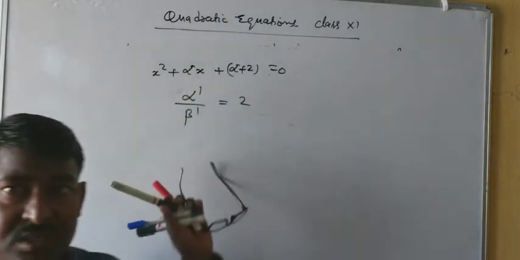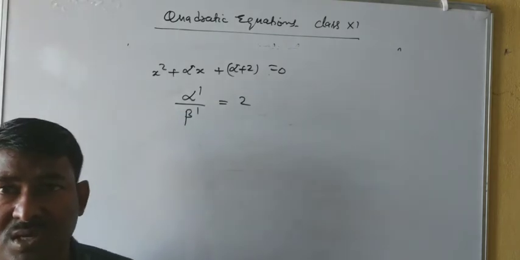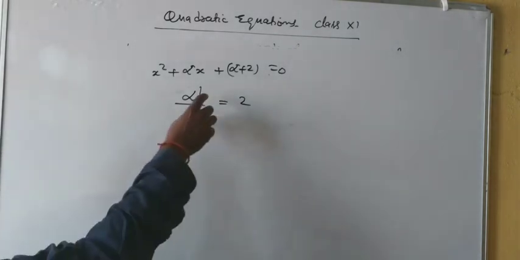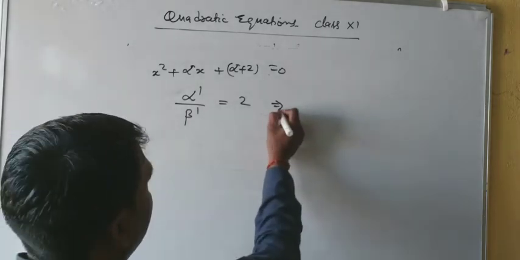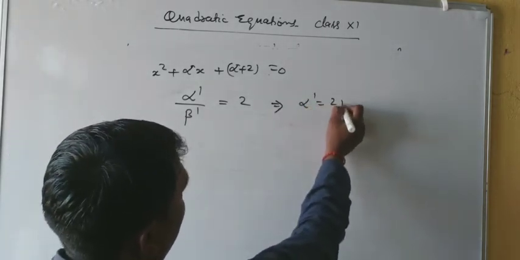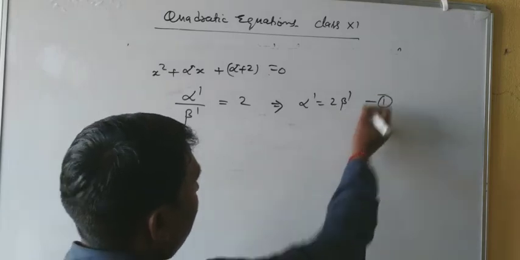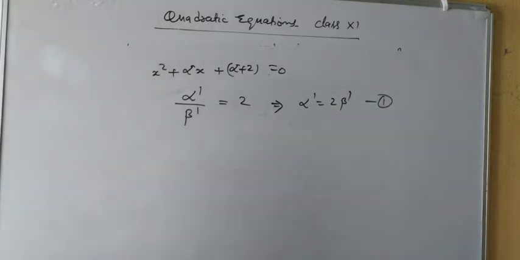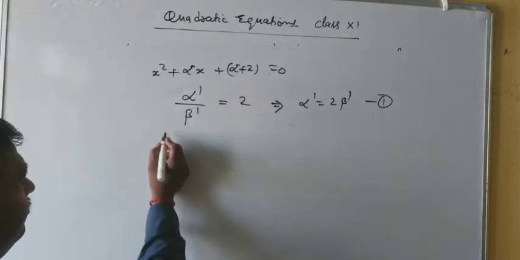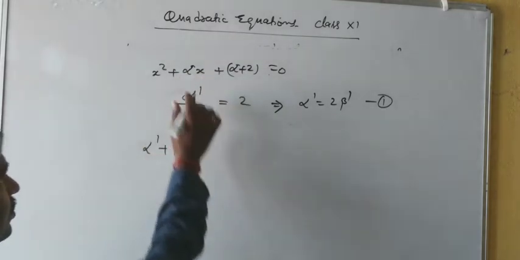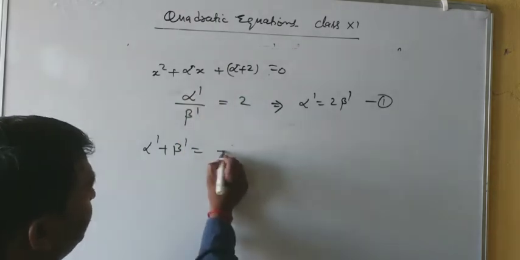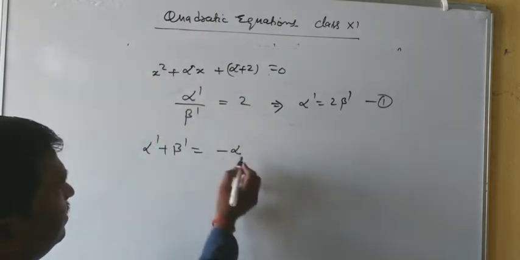Okay, so let these two be the roots of this quadratic equation, and according to the question the ratio of roots is given. So from here you can find alpha dash is equal to 2 beta dash. Now you have to find the value of alpha. See how can you find? Alpha dash plus beta dash is equal to minus b by a, means minus alpha upon 1.